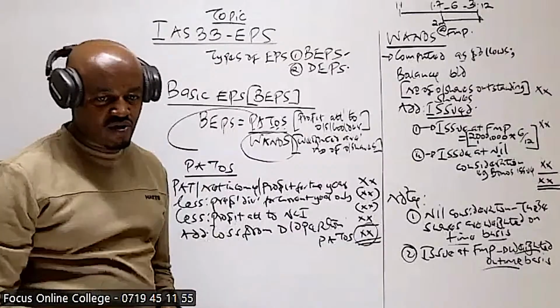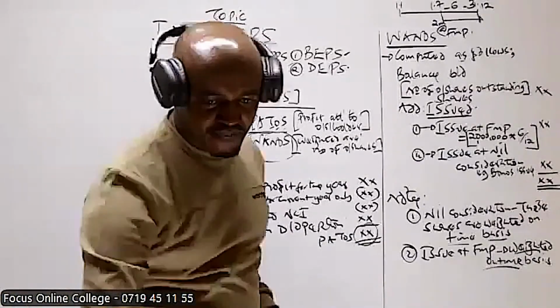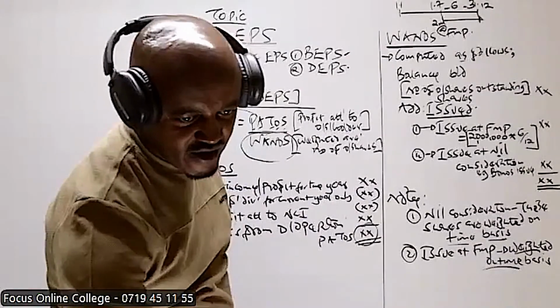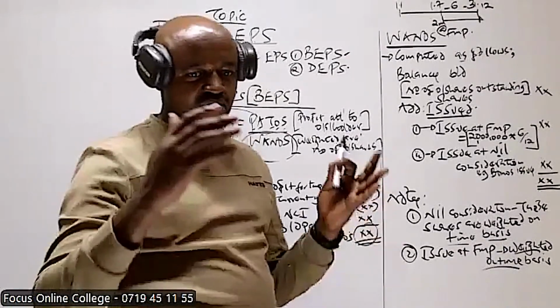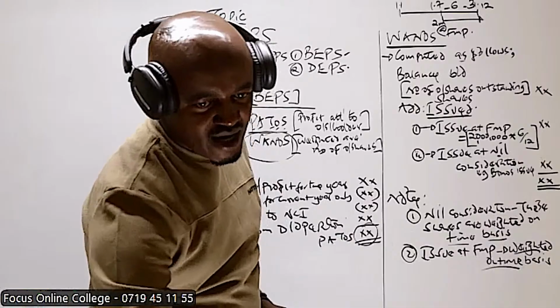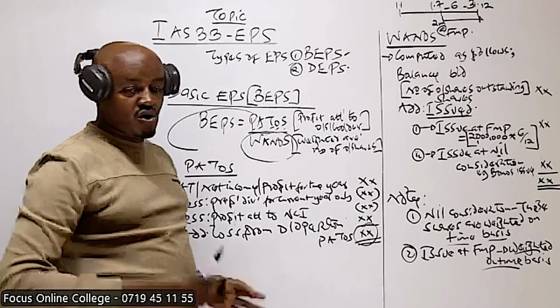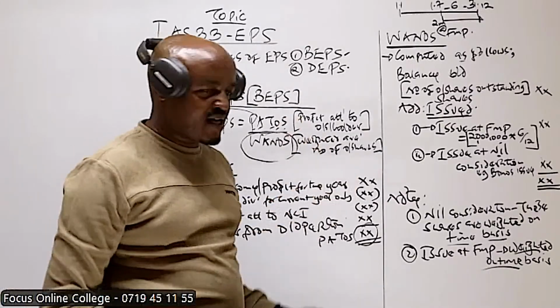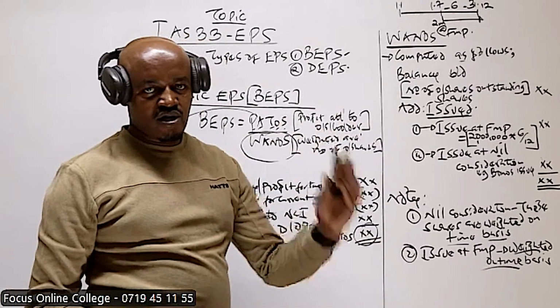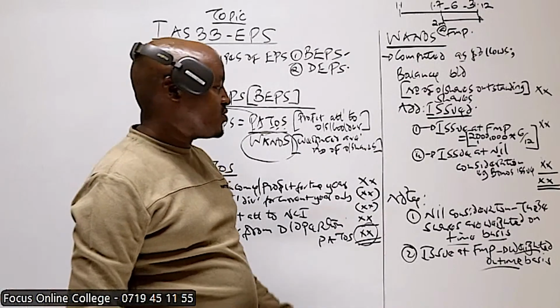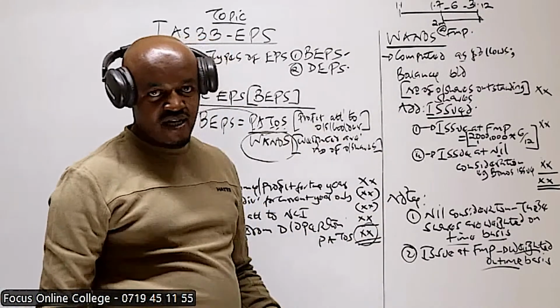We have multiplied those particular shares with the proportion of time they were held during that year. So all shares which are issued at full market price are supposed to be multiplied with the proportion of time they were held. But those shares which are issued at nil consideration are not.